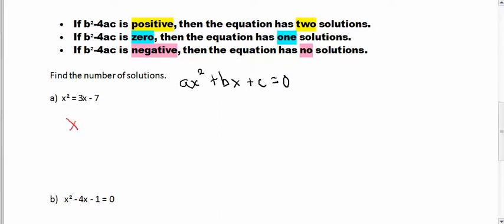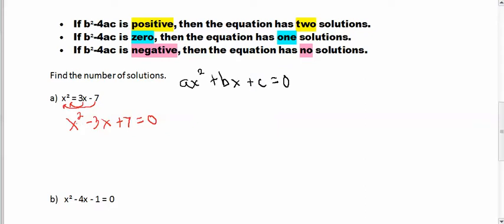So I'm going to keep my x squared here. I'm going to move this positive 3x to the other side, so I'm going to subtract 3x. And I'm going to move this negative 7 to this side also, so I'm taking the opposite, so it's positive 7. And everything on the other side is 0 because I moved everything over.